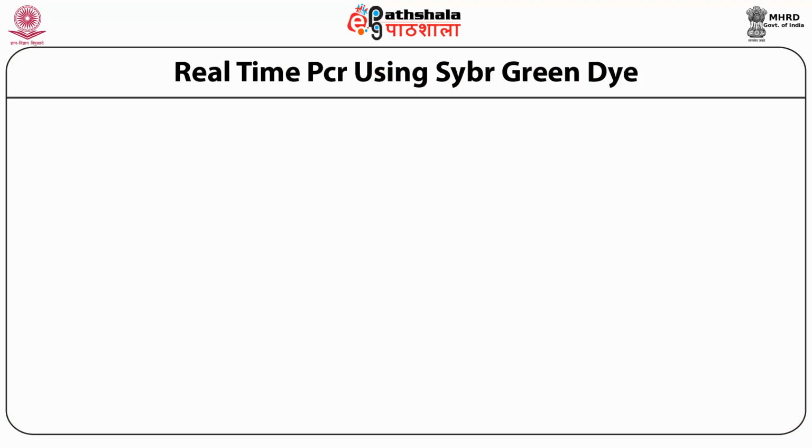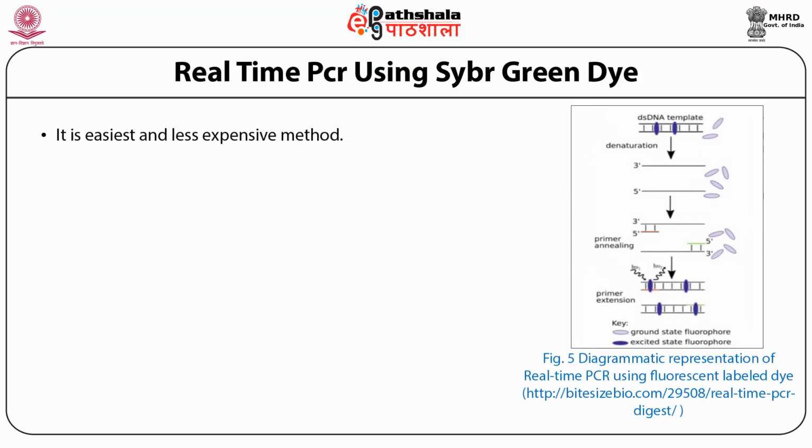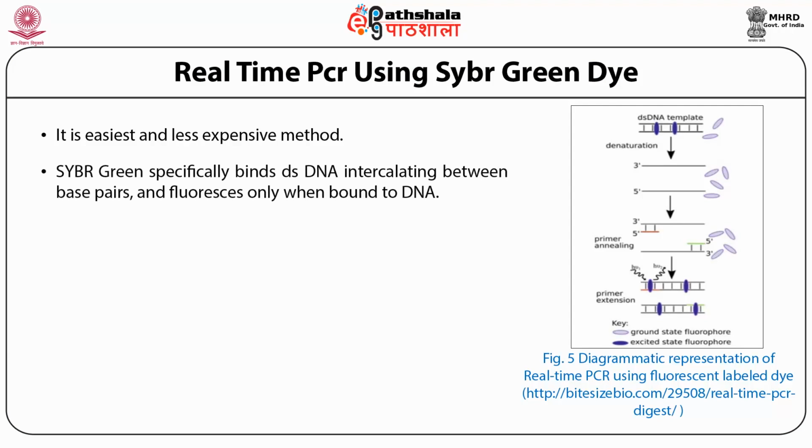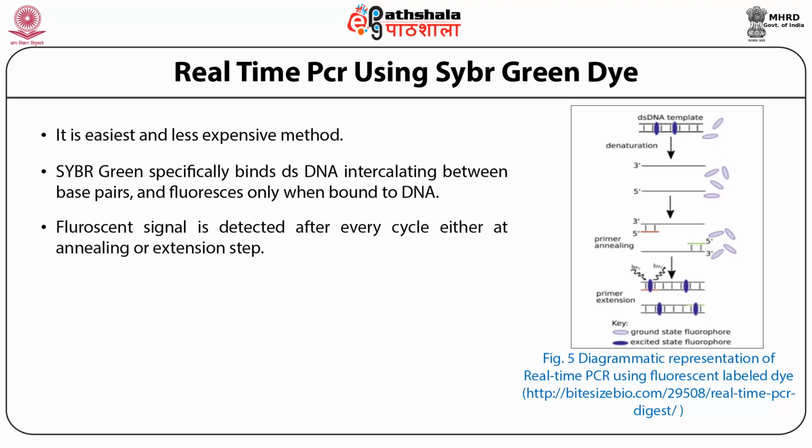Real-time PCR using SYBR Green dye. This is the easiest and less expensive method. SYBR Green specifically binds to double-stranded DNA, intercalating between bases, and fluoresces only when bound to DNA. The fluorescence signal is detected after every cycle, either at the annealing or extension step.